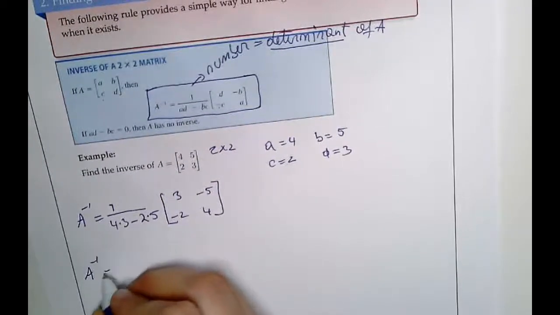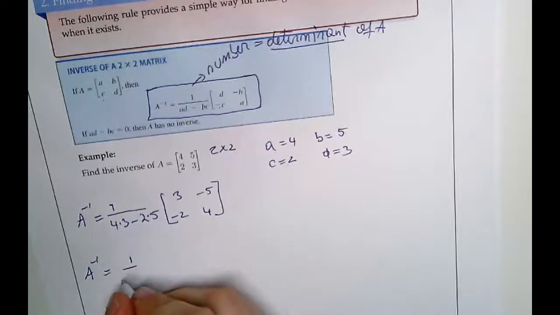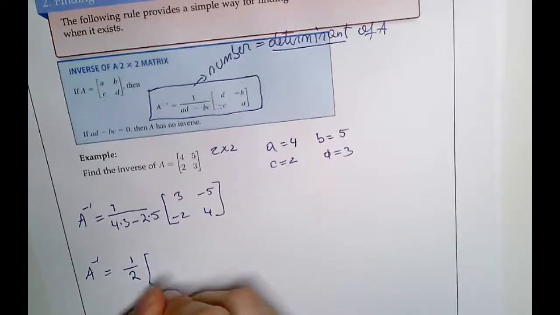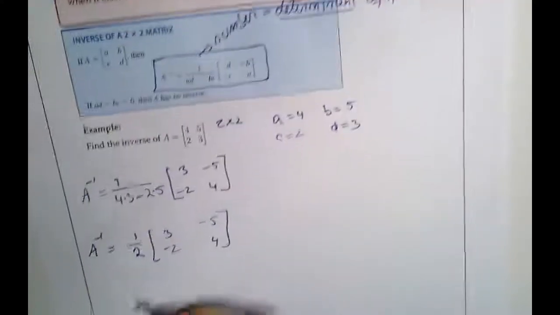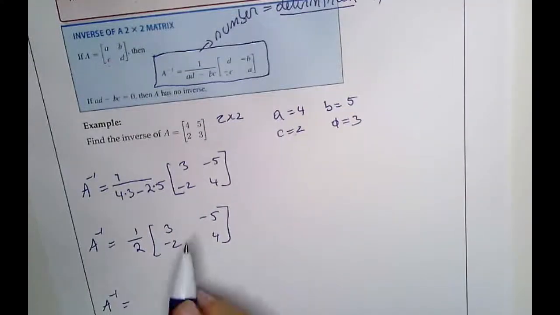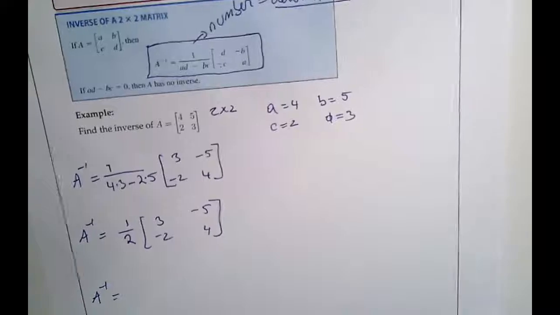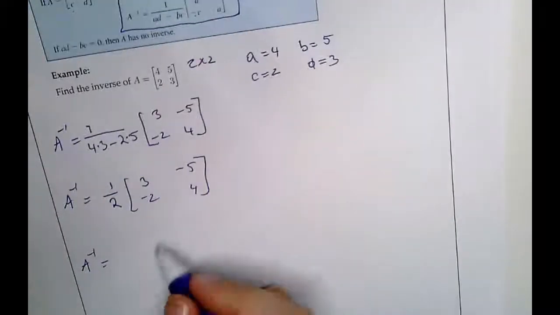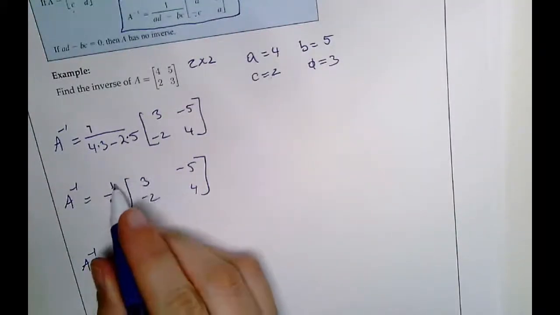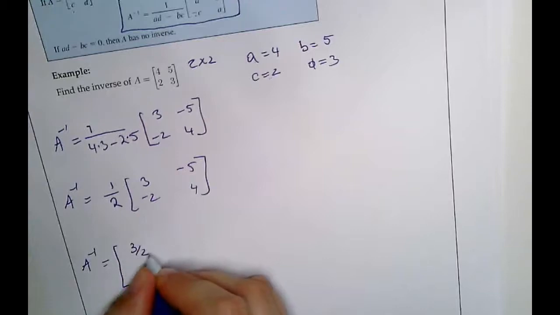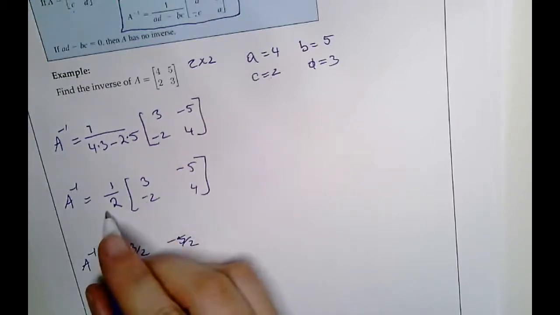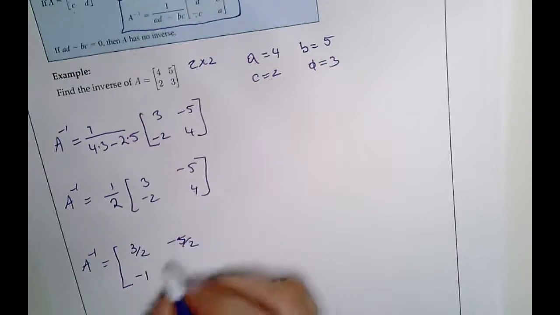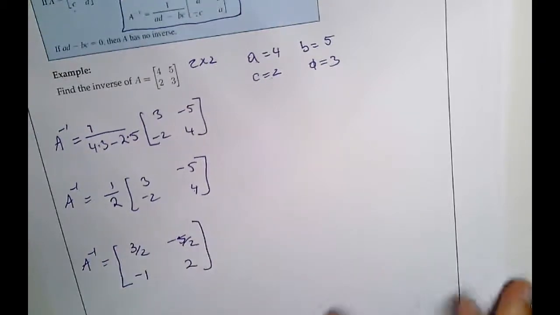All right, so 1 over 12 minus 10, which is 2, and then the matrix [3, -5; -2, 4]. And if you recall from last time, when multiplying a matrix by a constant, you multiply each entry in the matrix. So the answer is going to be 1/2 times 3, which is 3/2, negative 5/2, negative 2 divided by 2 is negative 1, and 4 divided by 2 is 2.